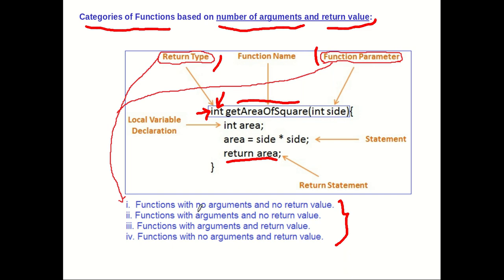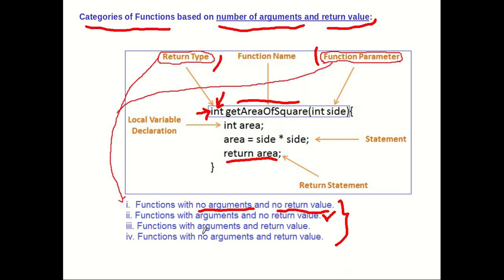The first one is a function with no arguments and no return value. We can implement a function where the function does not take any arguments and does not return any value. Even we can have a function where some arguments are accepted by the function body, but it does not return any value. This is the second category.